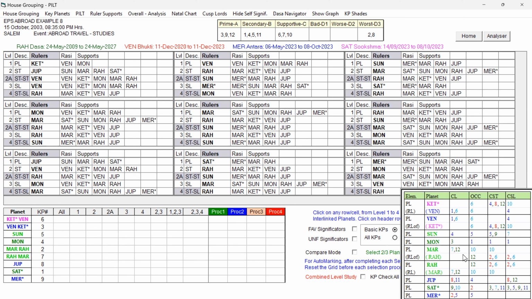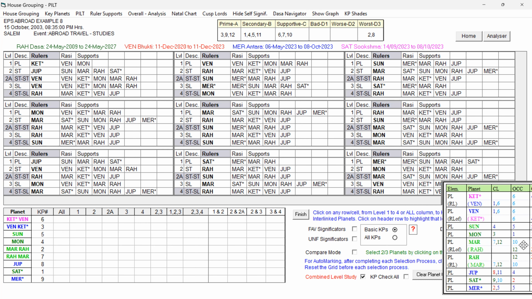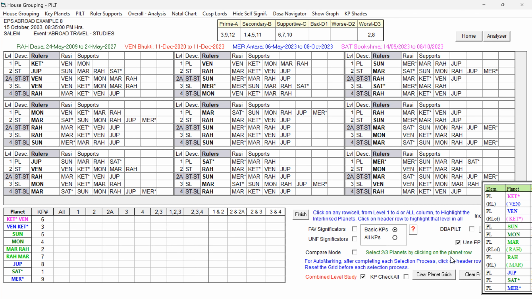Now what we have to do is either choose the favorable key planets and check which planets have these key planets in their rulers and supports, or we can check KP check all. It means key planet check all, so all the key planets will get colored. Not combined study, I mistakenly clicked KP check all.